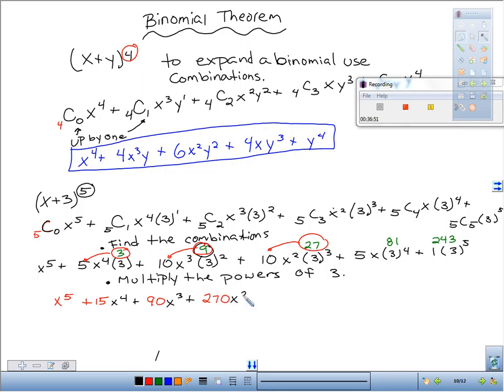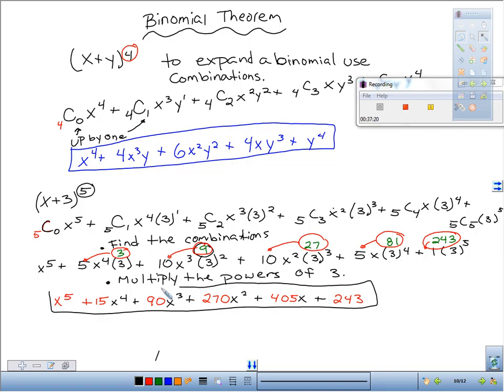X squared. Plus 81 times 5 is 405. Just X. And then plus 243 times 1 is 243. Whew, so much fun. So that is my polynomial. Any questions over that?